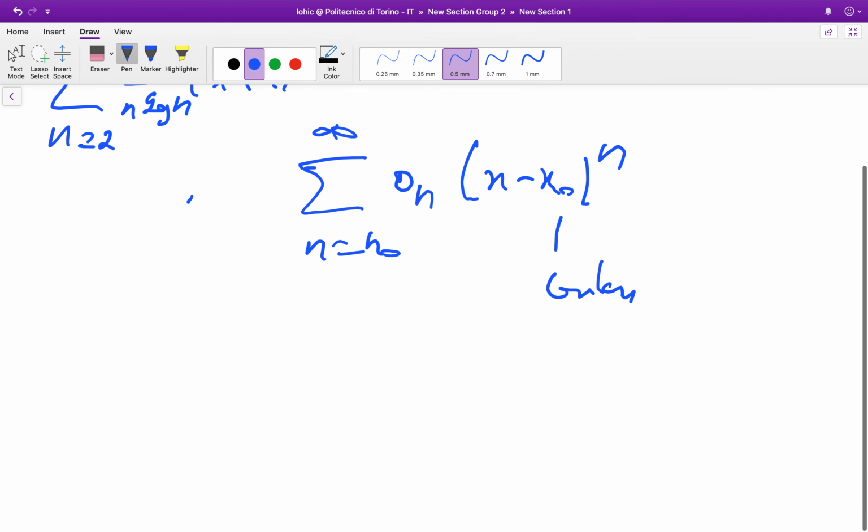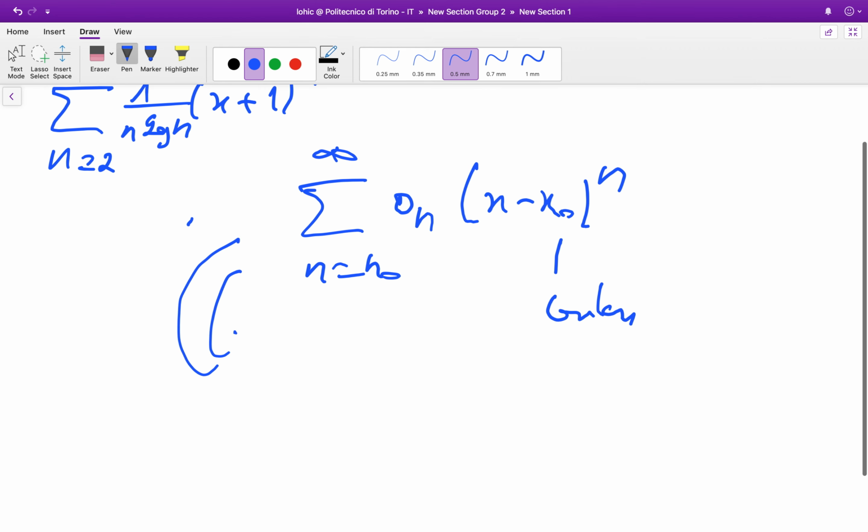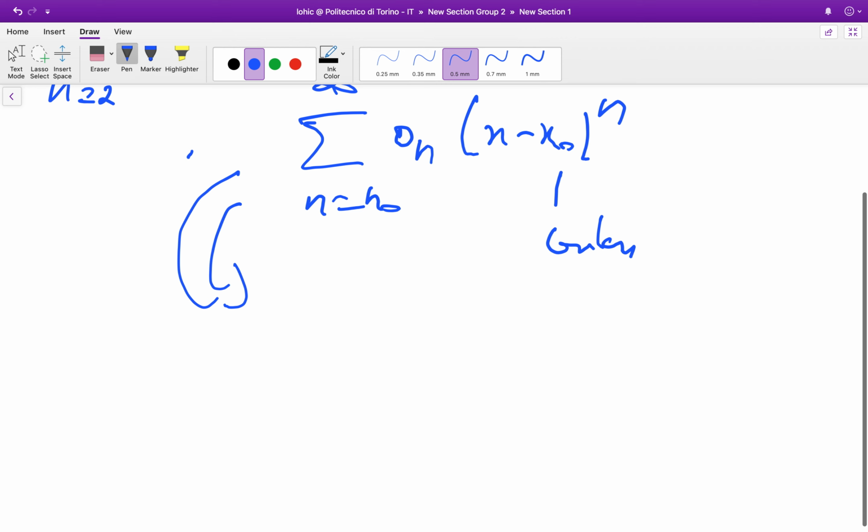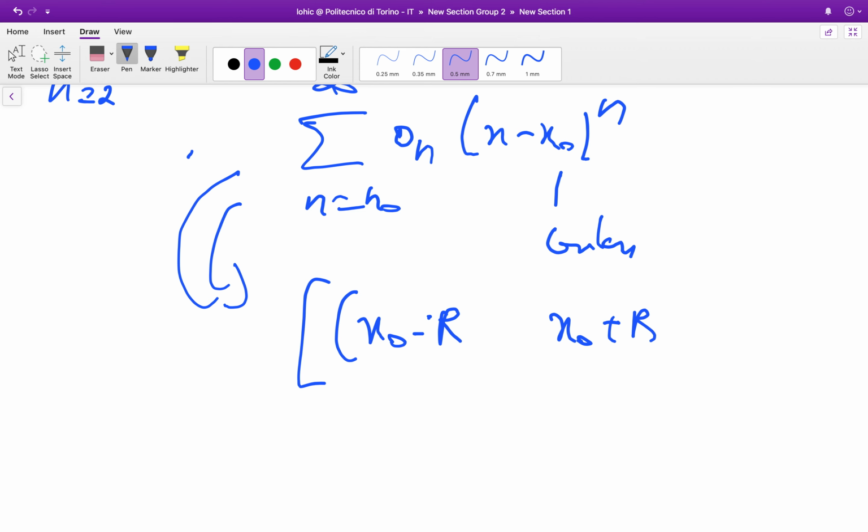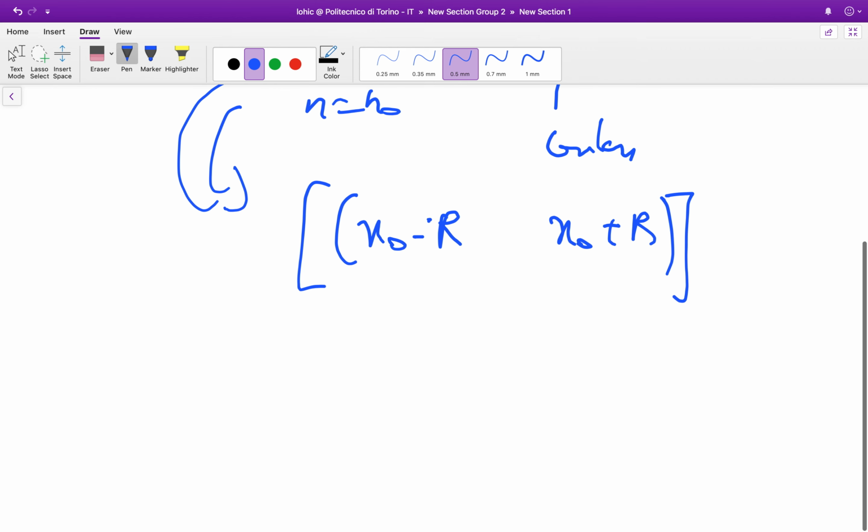Then they told you in theory that a power series converges or converges absolutely in the interval x0 minus r and x0 plus r. Then the endpoints may be included or excluded. But what is r?